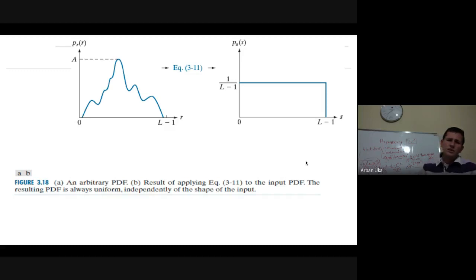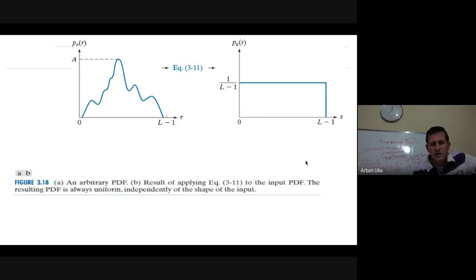In figure A, we are given a probability distribution function of the pixels, and we observe that for some pixels somewhere in the mid-range between 0 and L-1, the highest probability is equal to A. So if this is a probability distribution function, the integral of this PDF has to be equal to 1, because this is the probability.